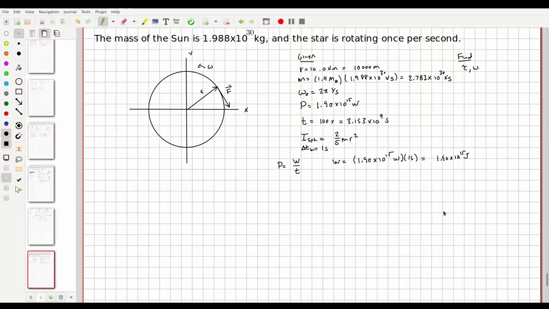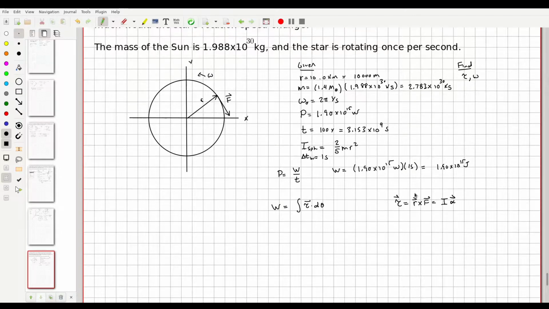But we know work here is also caused by torque, right? And we know torque, at least as a vector, is R cross F, or it could be written as I times alpha.